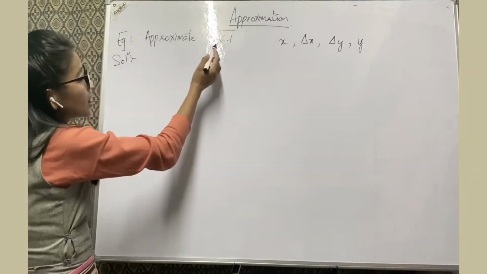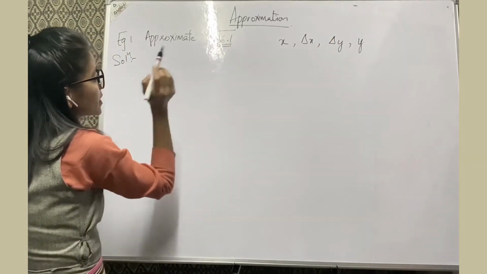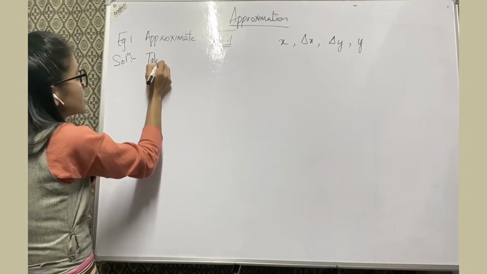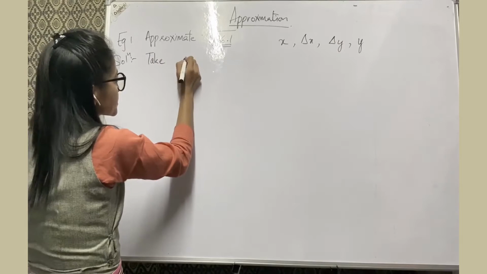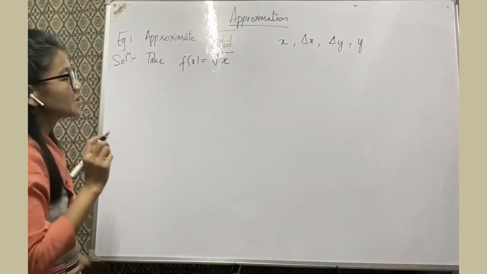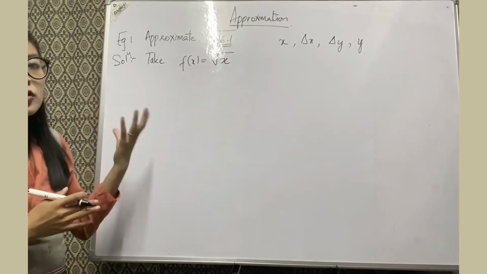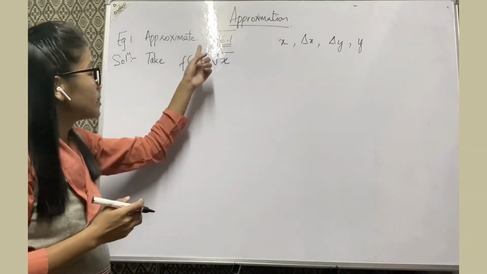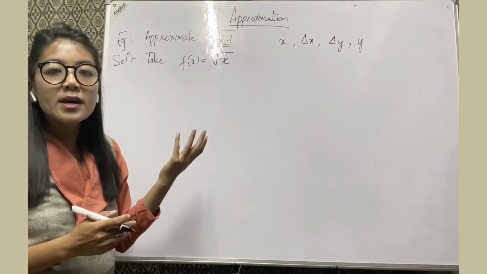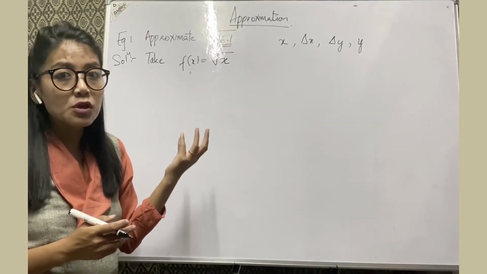Now whatever your given function is, it's a square root. So first of all you will take f of x is equal to square root of x. This is the first thing you have to remember. Whatever your function is given as, here in this case we are asked to evaluate a square root. Also you may be asked to find the cube root of certain values.